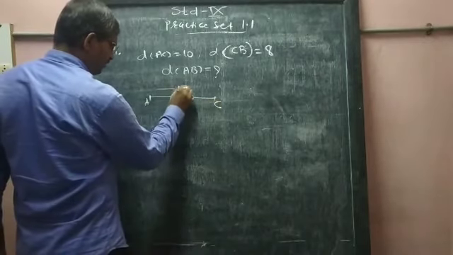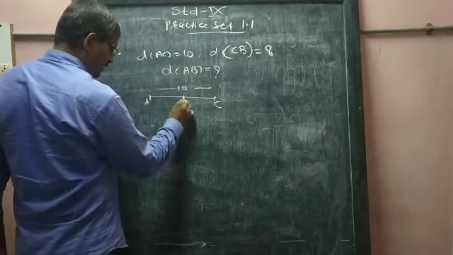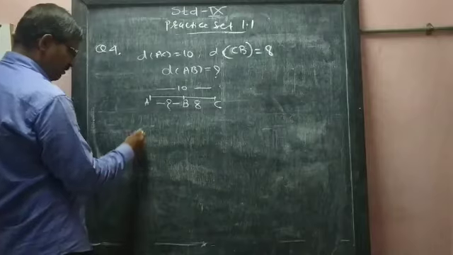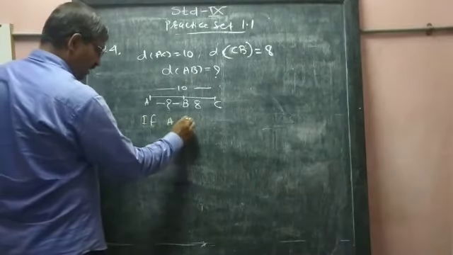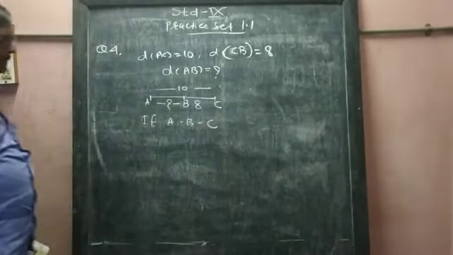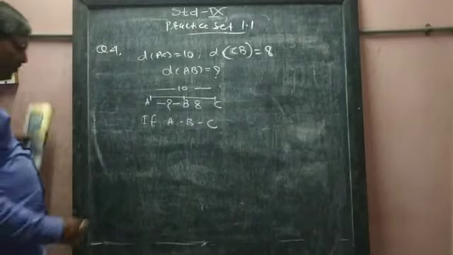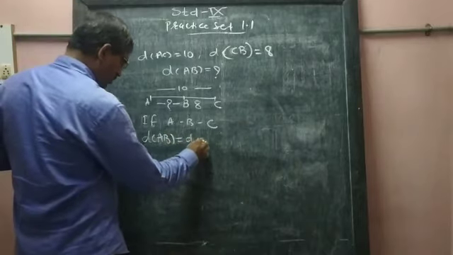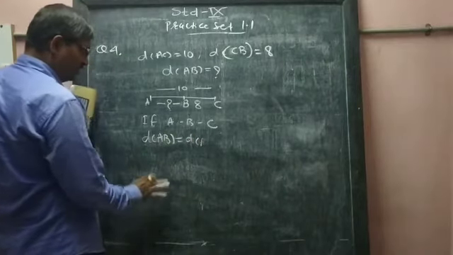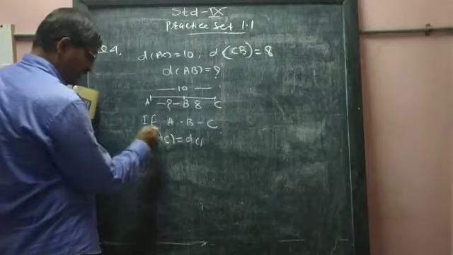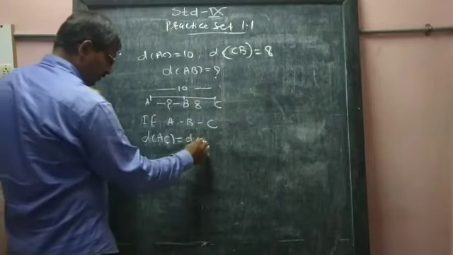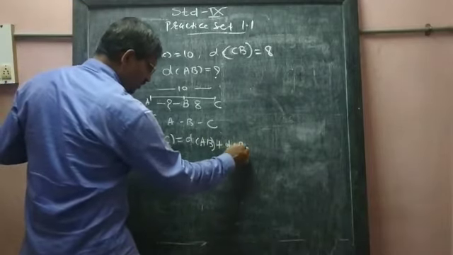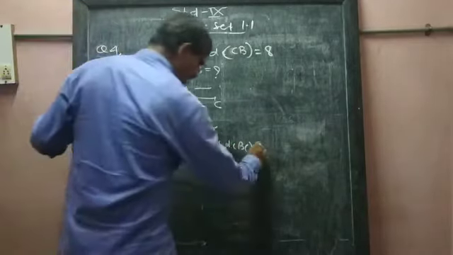AC is given 10. Here BC is given 8. What will be the AB? If B is between A and C, now we will find distance AB. Distance AC is equal to distance AB plus distance BC.